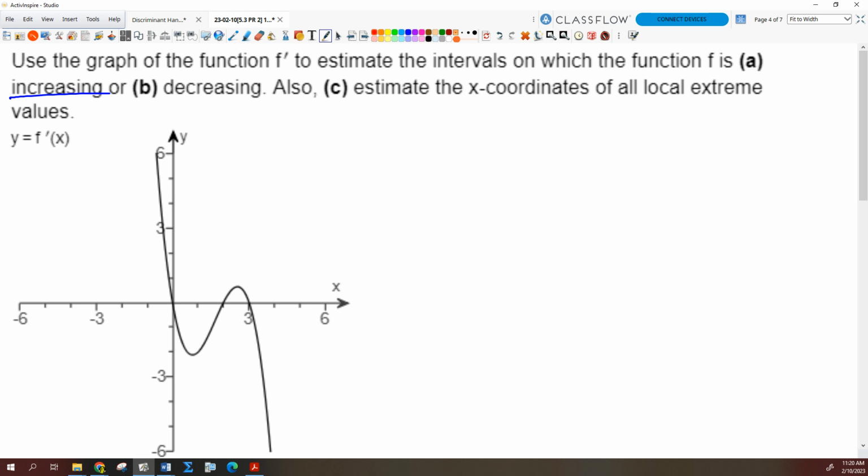Yeah, positive, right? So where it's above the x-axis. This part right here would be a part where the function's increasing, and that's it, right? So it's increasing on, using interval notation, what would that look like?